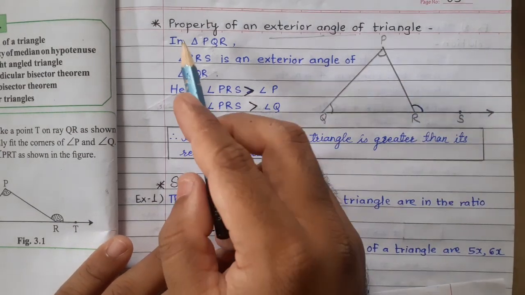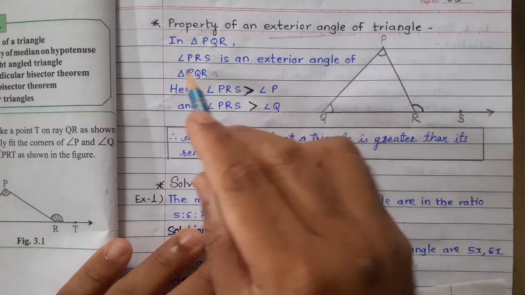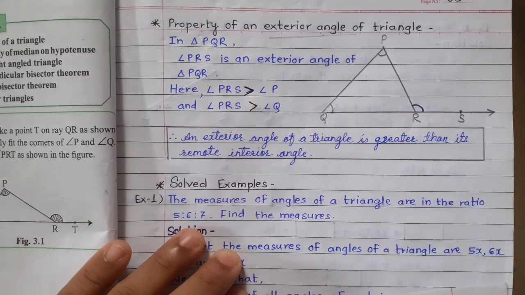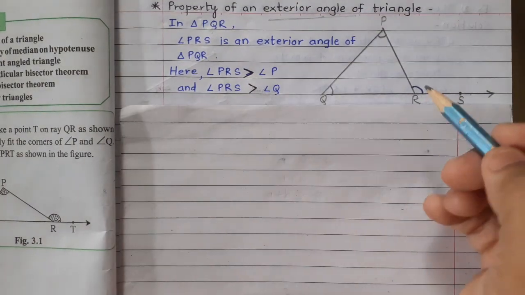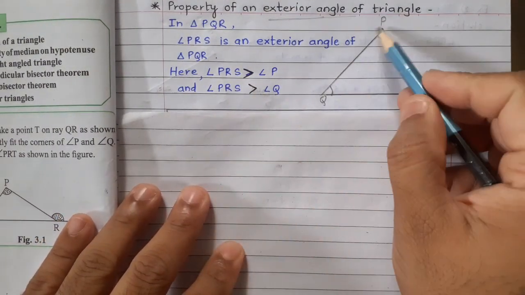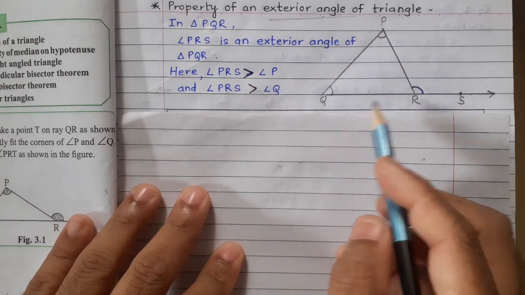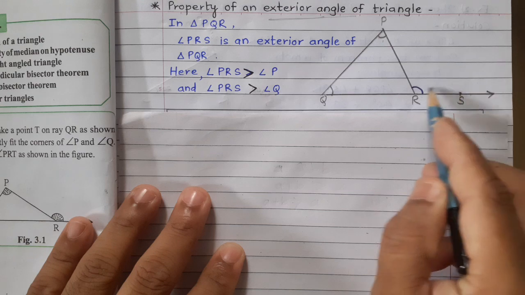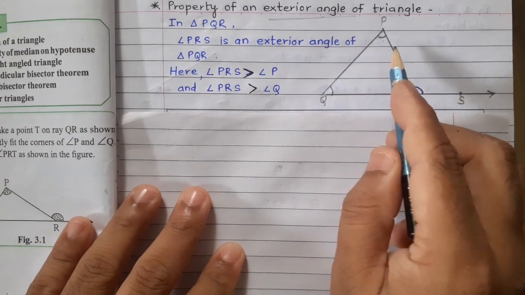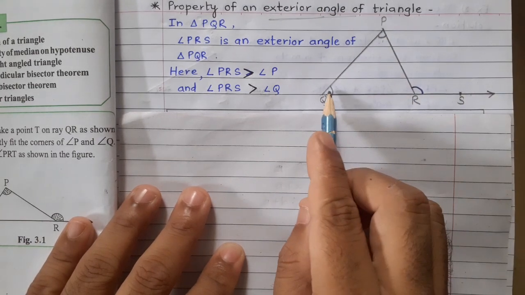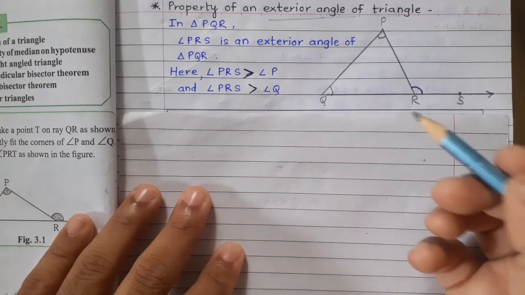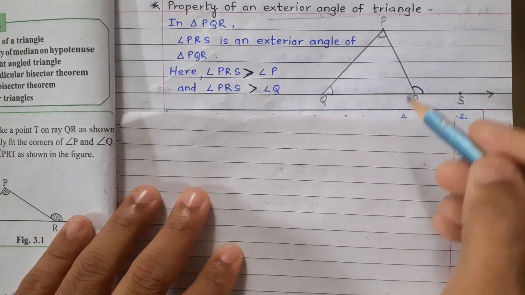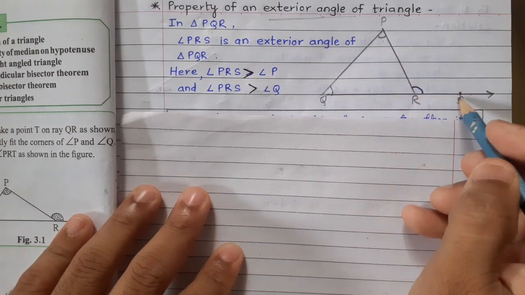Here angle PRS is always greater than angle P, and angle PRS is also greater than angle Q, because angle P and angle Q are the remote interior angles of this exterior angle.